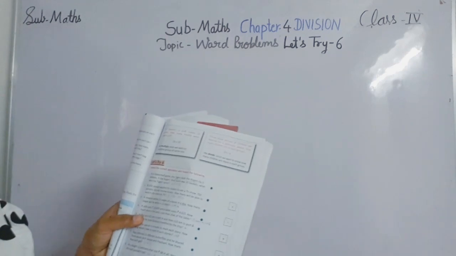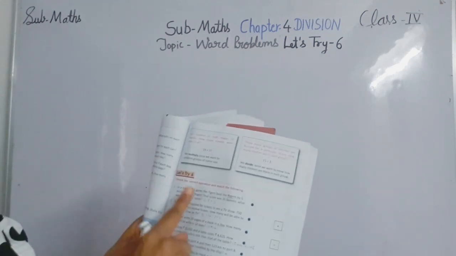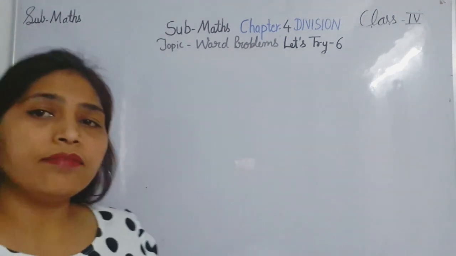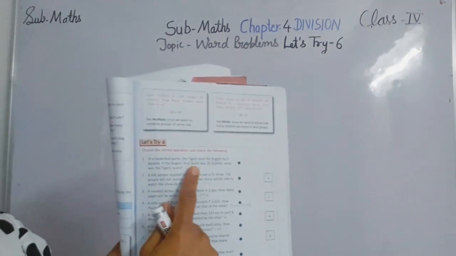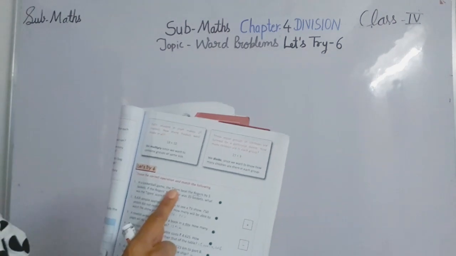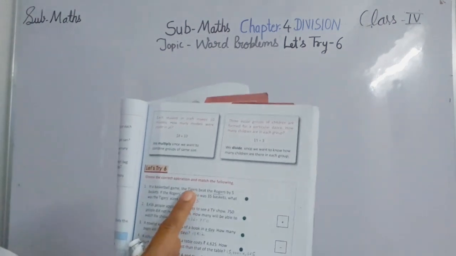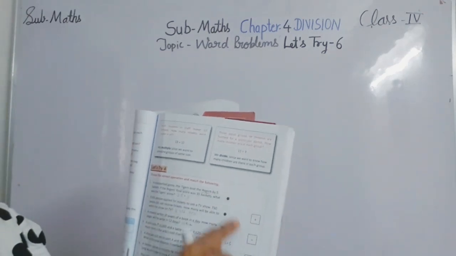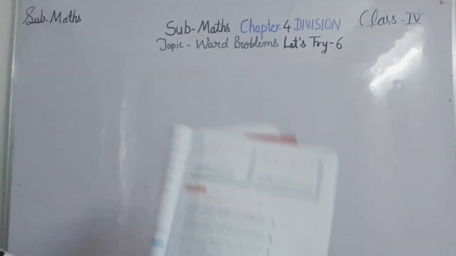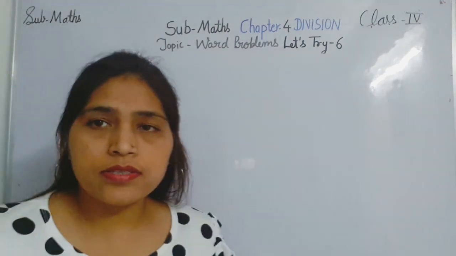We have to read the problem carefully and match which operation we will follow in this problem. Is it plus, subtraction, multiplication or division? We have to match it with the correct symbol. There are a total of 8 questions.